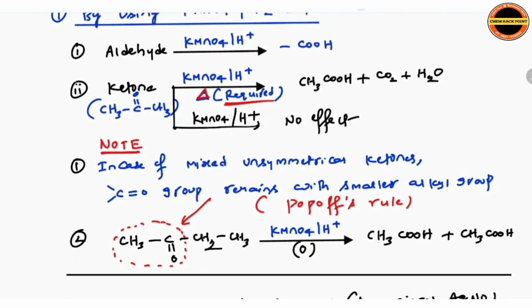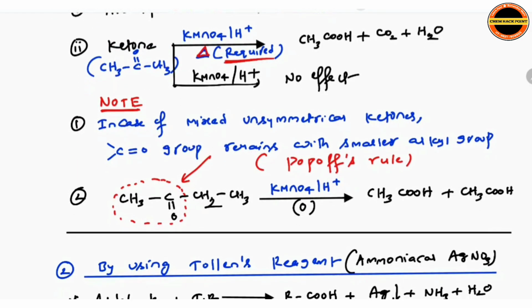In the case of symmetrical ketones, for example see here, this is a symmetrical ketone. But if an unsymmetrical ketone is given, with different groups, like here, where the right side is ethyl and the left side is methyl, then you have to follow Popoff's rule. Popoff's rule means the CO group remains with the smaller alkyl group.